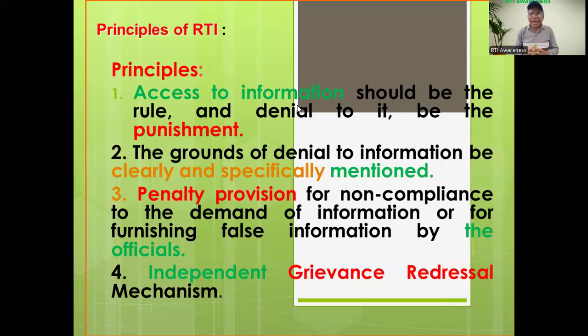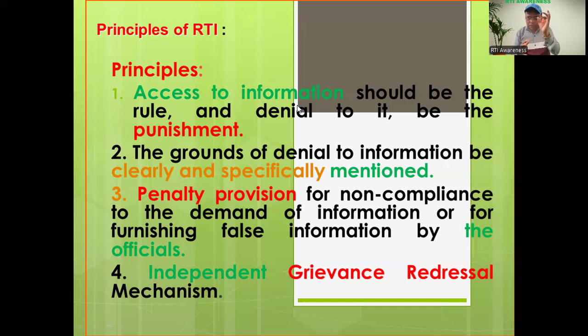Then second, the grounds of denial of information are to be intimated to the citizen in such a way that the citizen could know why the public information officer is regretting or is not able to provide information. For any constraint, any bottlenecks in our public authority, we have to intimate in such a way that he can know.